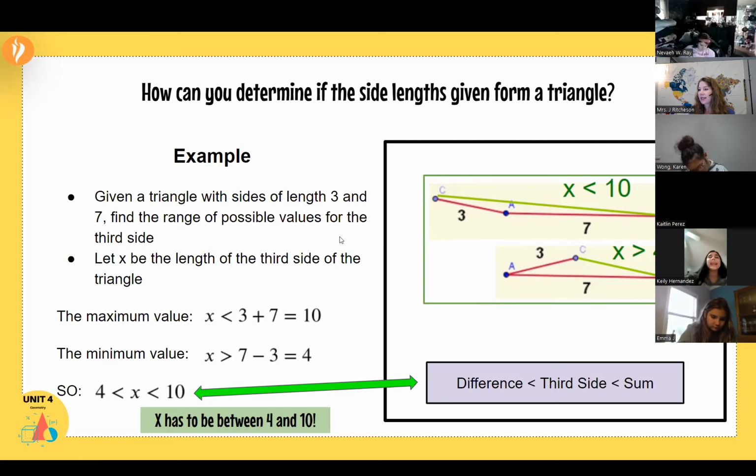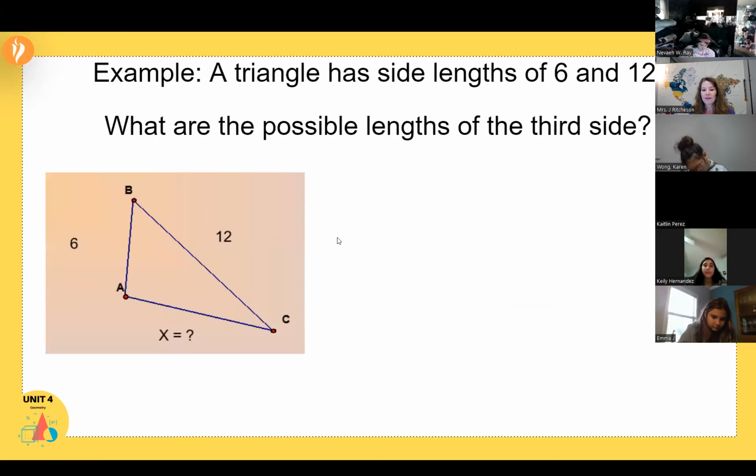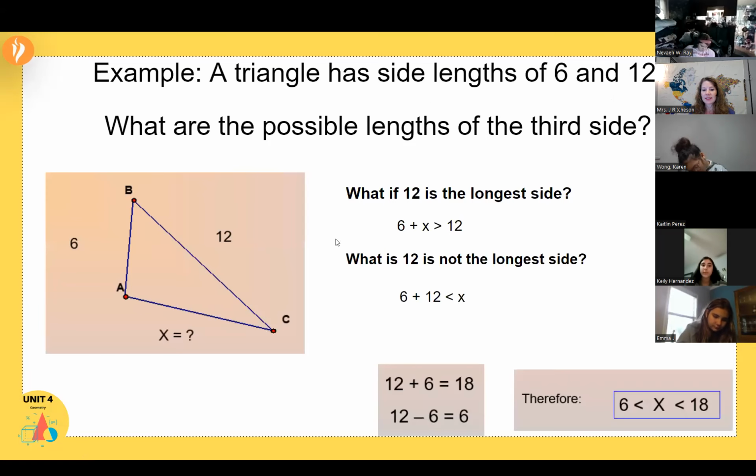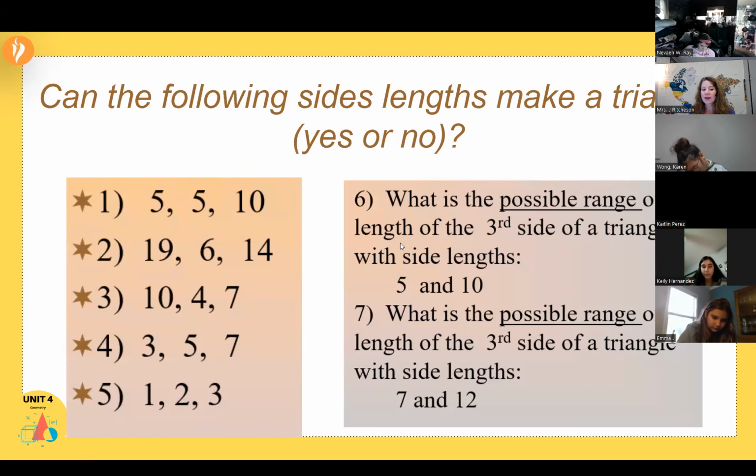All right, we're going to practice. Are you ready? All right, we already did this side. Okay, so you have 7 questions, everybody. The first 5 are either yes or no, okay? And the last 2, I want you to tell me the range of the third side. So everyone's going to send me 7 answers in just a minute. All of you, please. Are you ready? I'm going to give you a couple minutes to do this.